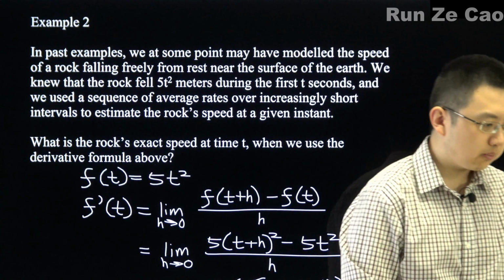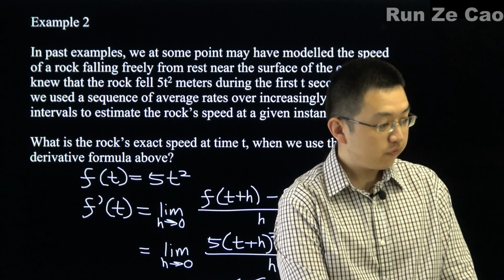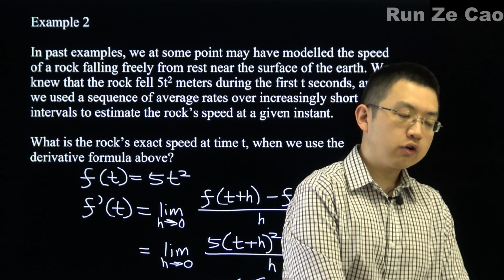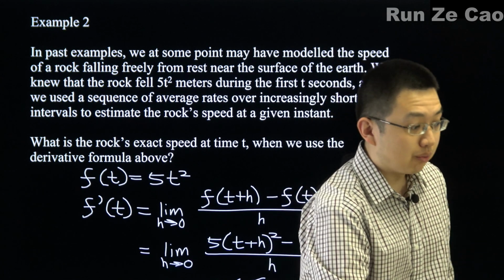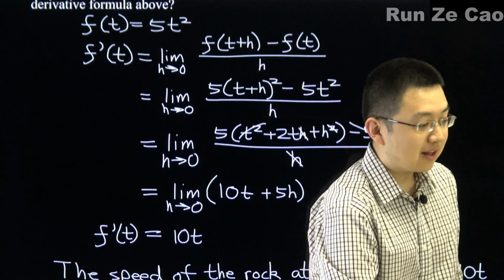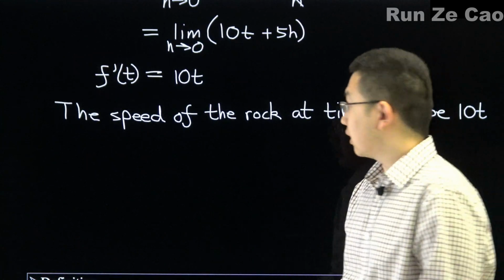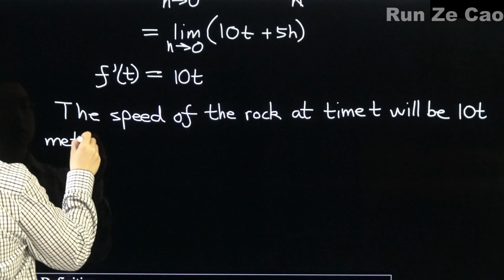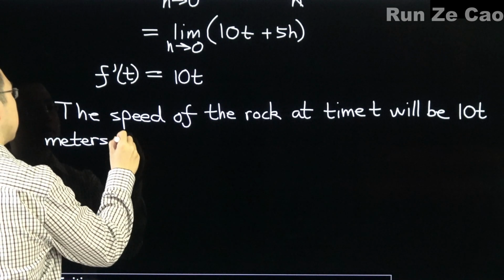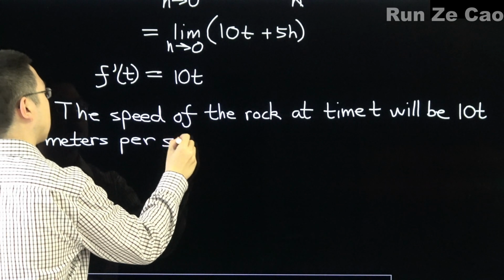Were there units mentioned earlier? Ooh, 5t squared meters during the first t seconds. That implies that what we put down here has to be suitable units. So this is going to be meters per second.